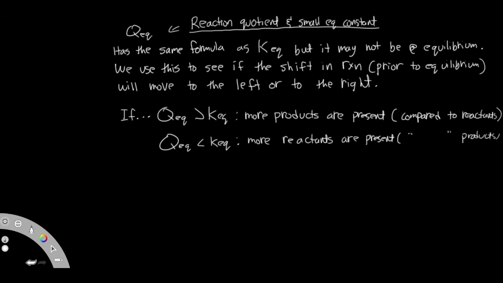And if that's the case, this means that there are more reactants than products, so the reactants must convert into the products. They must become products in order for equilibrium to be met. And of course, this last note here, QEQ being equal to our KEQ, I'm pretty sure you can tell what this one would be. It is at equilibrium.